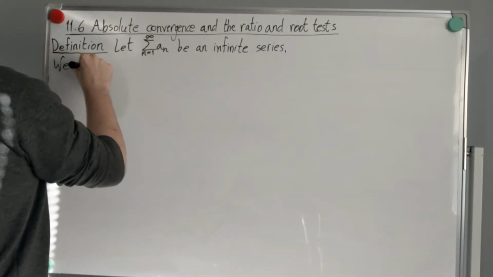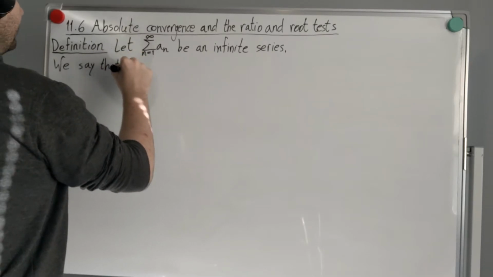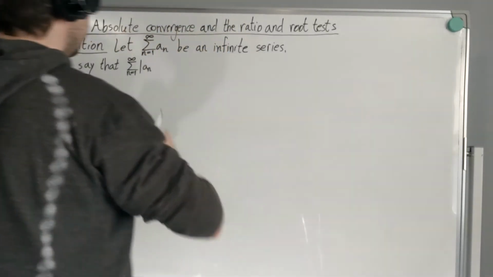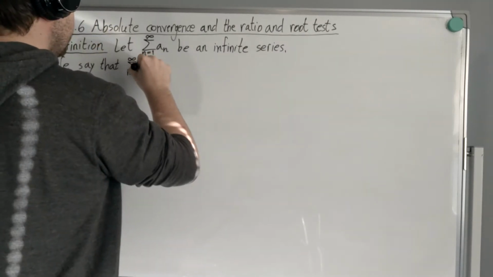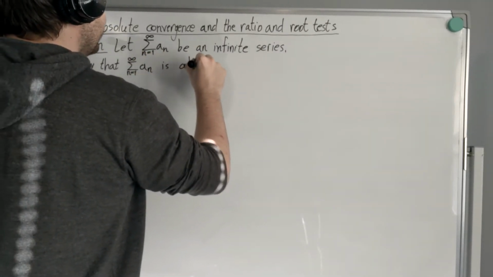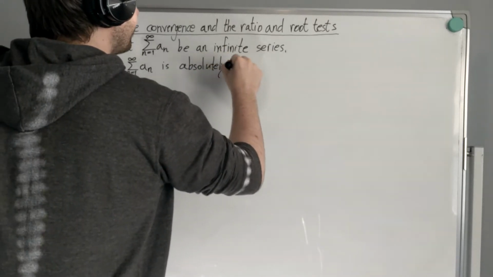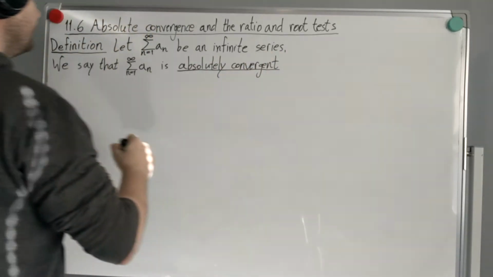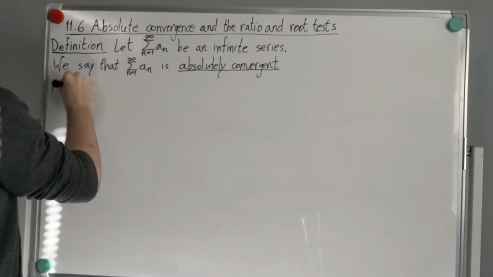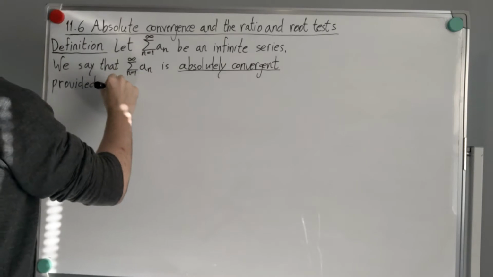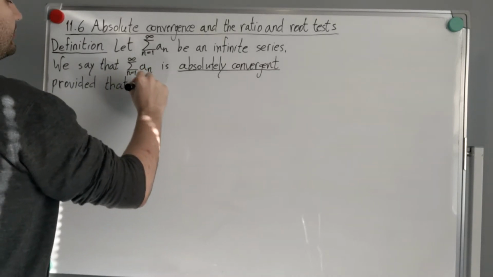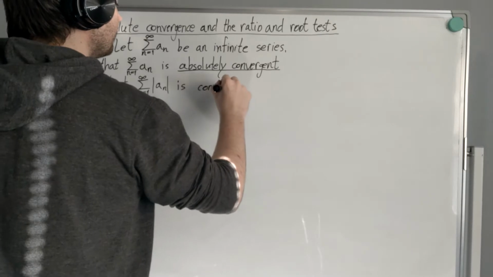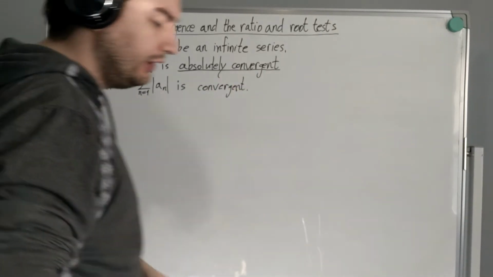We say that the sum from n equals 1 to infinity of a_n is absolutely convergent, so this is the term, it's absolutely convergent provided that the series sum from n equals 1 to infinity of the absolute value of a_n is convergent. Okay.